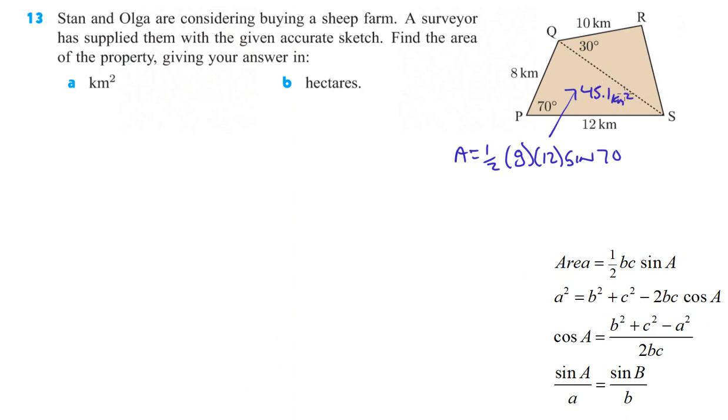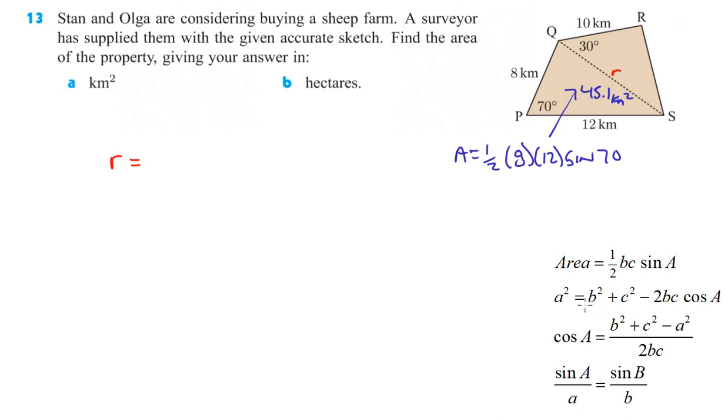Now we've got to figure out what this is right here. Problem is we have one side, one angle, but we don't have this other side. So first thing we've got to do is figure out what that other side is right here. Let's call this little r, because it's across from angle r.